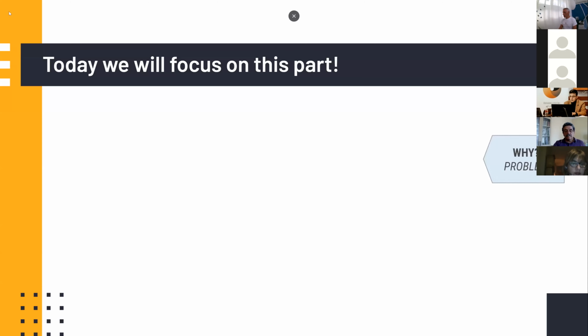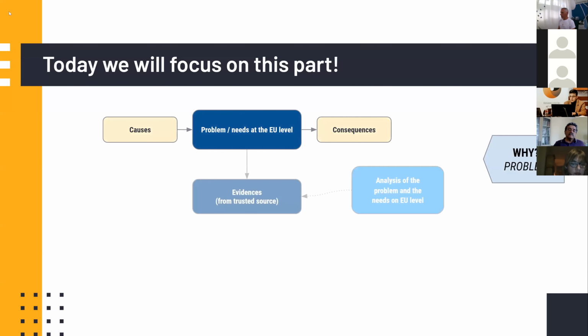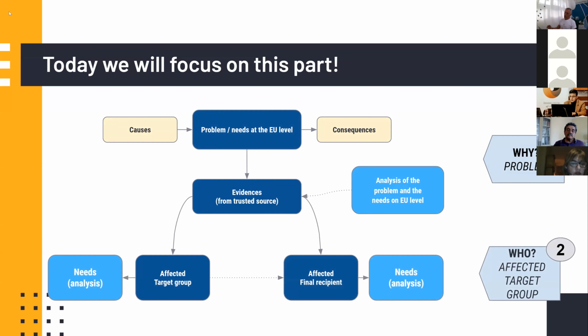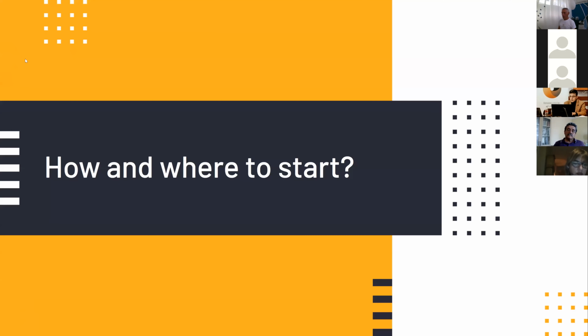Today we will focus on that first part. We will focus on the why, and on affected target groups. In the next 2 workshops, we will go deeper into intellectual outputs, needs analysis, and all those things related to that, innovation, of course.